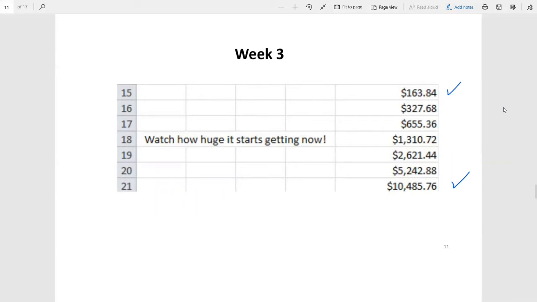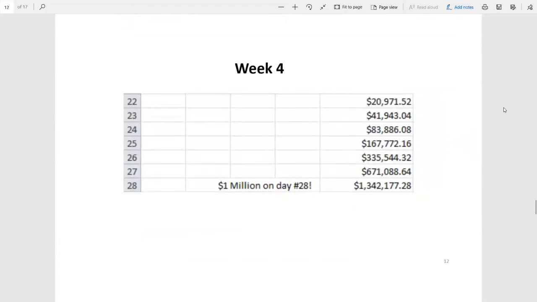But look what happens in week 4. You keep doubling. The first day of week 4, you make $20,971. And finally, on the 28th day of the month, you make $1,342,177.